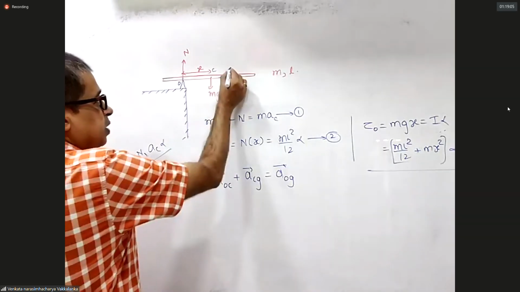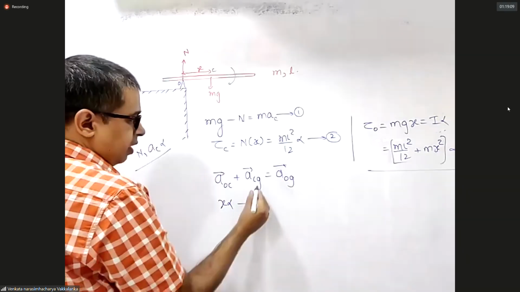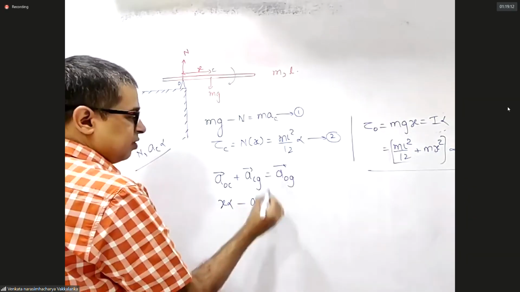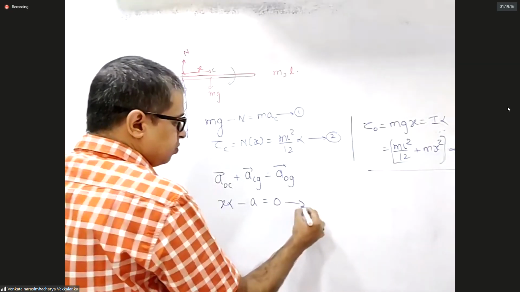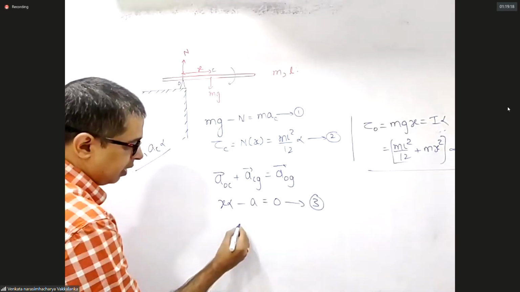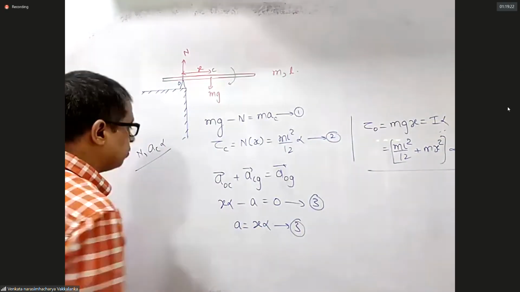Acceleration of O with respect to center of mass is x into alpha upwards. Acceleration of center of mass is a downwards. Acceleration of O with respect to the ground is 0. I get A is equal to x into alpha as my third equation.